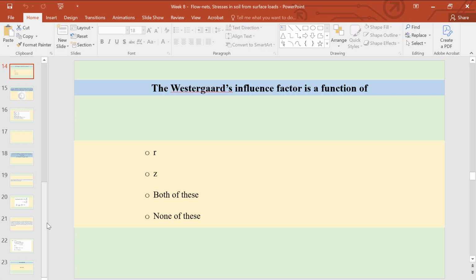I repeat, the Westergaard's influence factor is a function of: R, Z, both of these, or none of these.